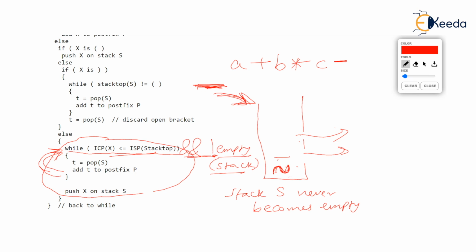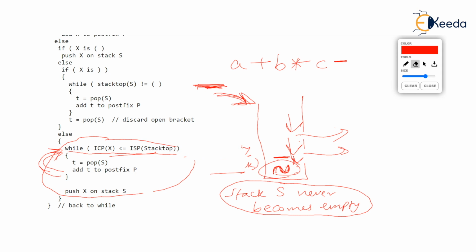So stack S can never become empty. In the worst case, the algorithm will come down the stack and it will reach the tilde symbol, and tilde will say anybody is welcome because I have least priority. So tilde will never be popped and the stack will never be empty. If that is so, then we have avoided one condition in the while loop, that the stack should not be empty to perform any operation on the stack. I hope you got the idea of why tilde is pushed initially.